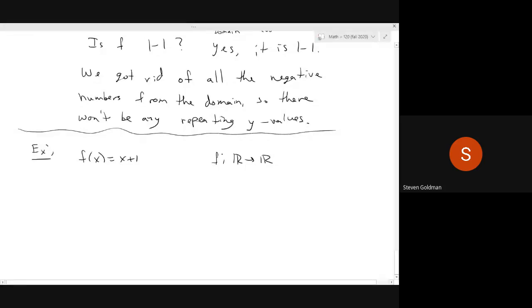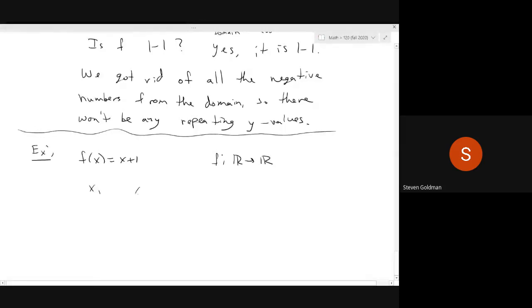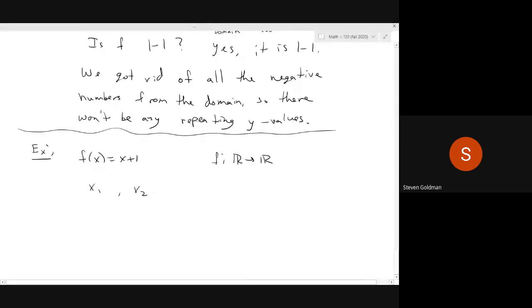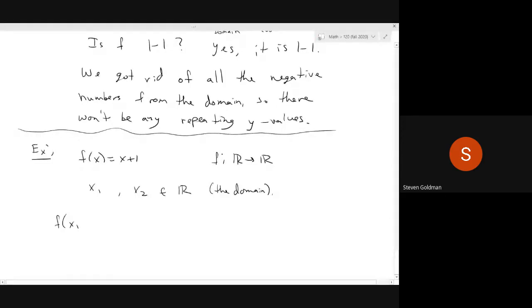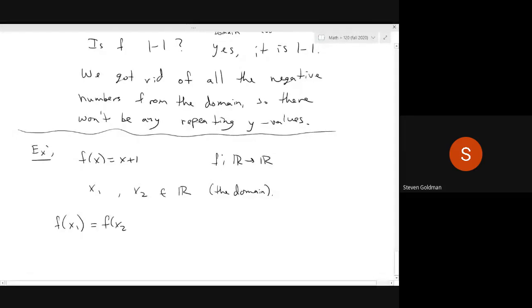How do I check that it's one-to-one? We could do what we did before. Let's say I randomly pick two different elements in my domain. So let's say x1 and x2 are elements in the domain. If f of x1 equals f of x2, then that means x1 plus 1 equals x2 plus 1.